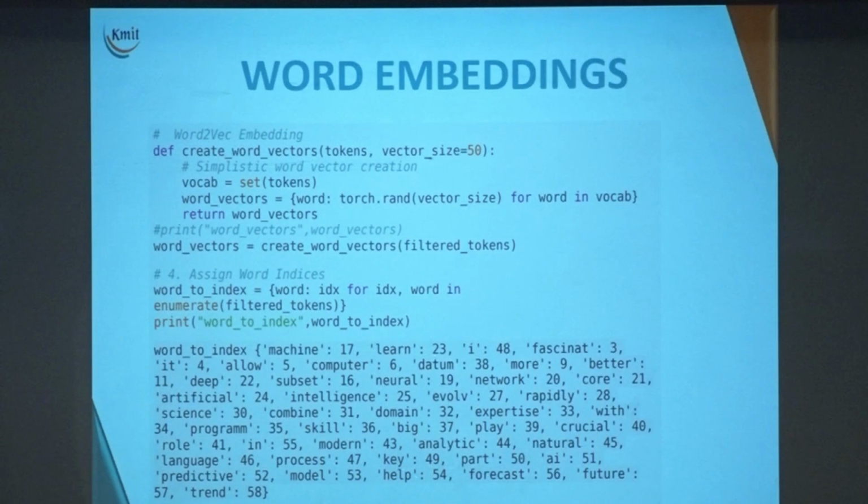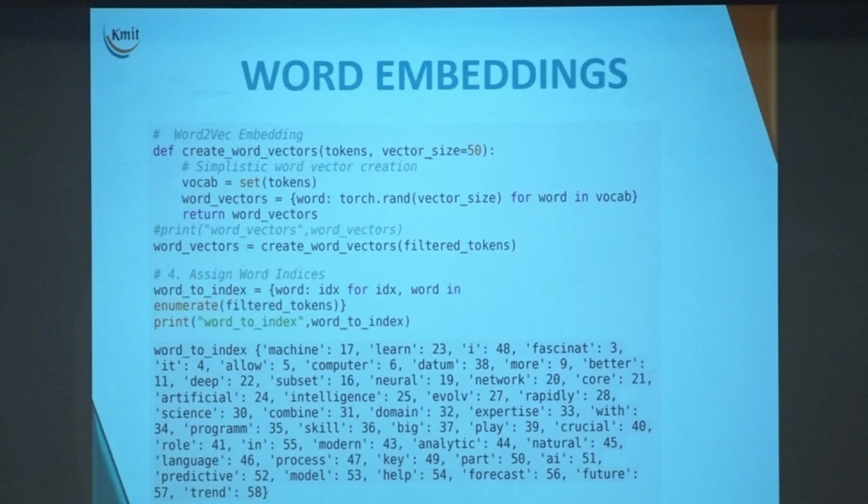So a vector of length 50 will be randomly produced using PyTorch, and it will be assigned to all the unique tokens present. This is how a word is converted into a vector. Are you clear, everybody? Right. So you return the word vectors generated, a vector of length 50 for every individual word you come across in your tokens.